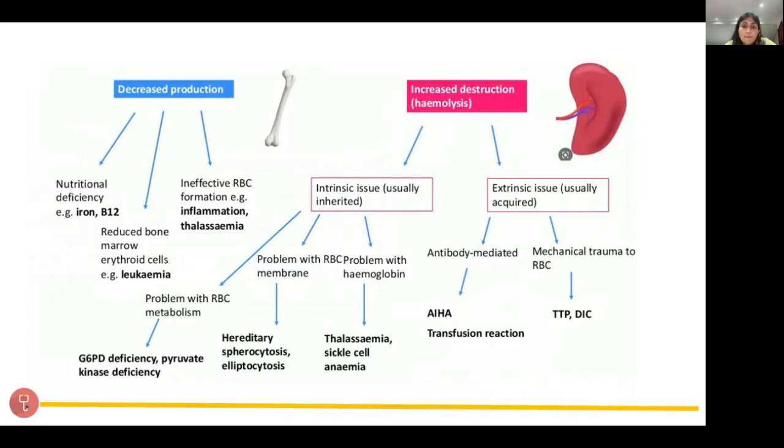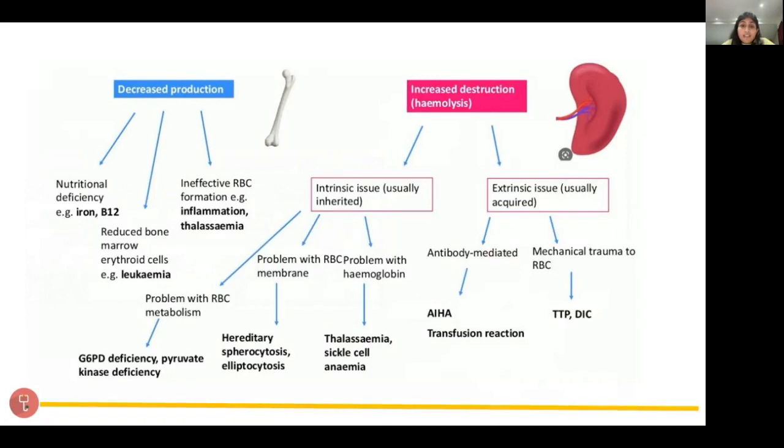If we've got problems outside of the red blood cells, so that's usually either problems with the marrow or anything that we do to the patient, like transfusions, then again we can get low counts. So in autoimmune hemolytic anemia, that's what AIHA is, you can get antibodies against your red blood cells attacking them, so they get destroyed very easily.